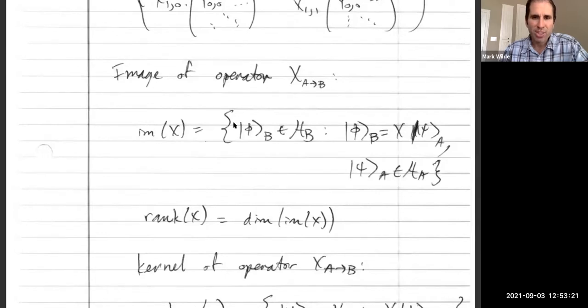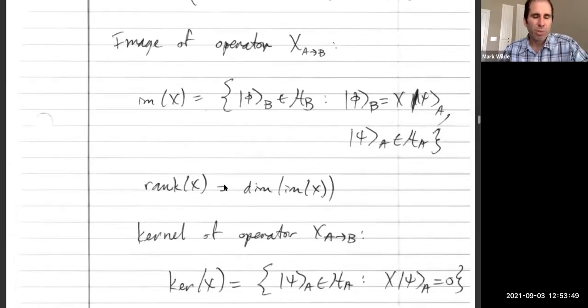The image is the set of all vectors that are reachable at the output by allowing for an arbitrary input to x. It's not the case that all output vectors in the output Hilbert space are reachable, especially if they have different dimensions. Okay. So that's why this notion of image is useful.